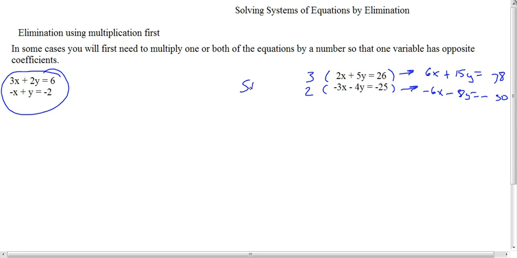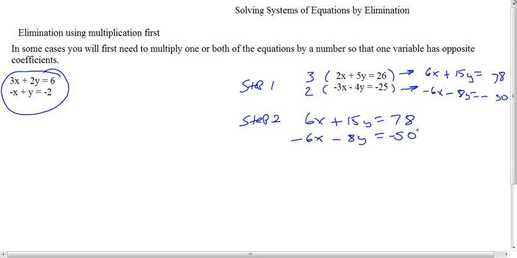Okay, so now we go ahead and rewrite these over here. So that'll be our step 1. We'll rewrite these over here for step 2, so we can literally eliminate, because that's what we're all about. So I'm going to bring them down: 6x plus 15y is equal to 78, and negative 6x minus 8y is equal to negative 50. Okay, so let's go ahead and do our elimination.